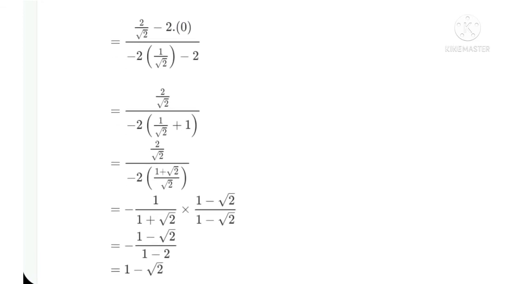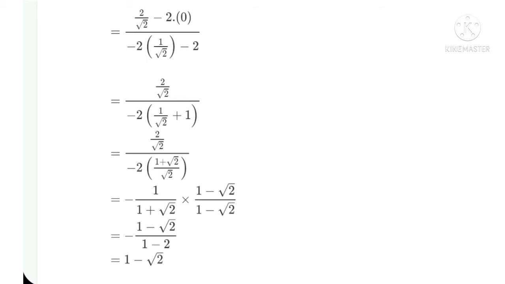So we get the last answer as root 2 as it is minus 0. At the denominator take 2 minus 2 common, so what remains is 1 upon root 2 plus 1. Numerator as it is, take the LCM at the denominator, minus 2 into bracket 1 plus root 2 upon root 2.